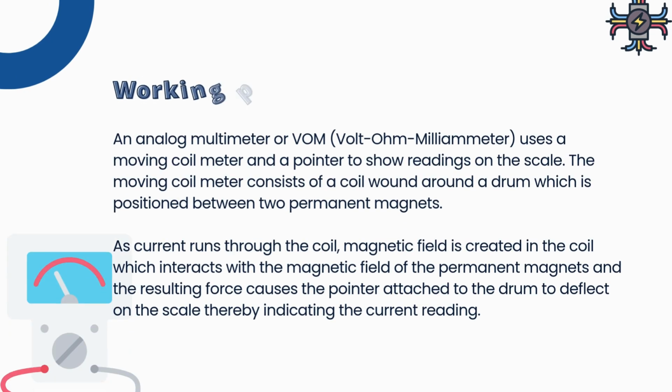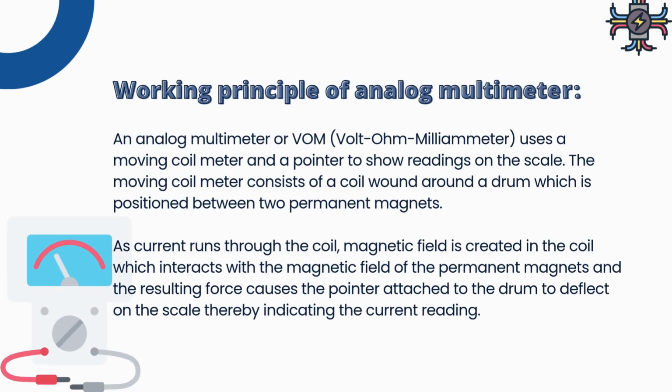Let us now discuss the working principle of the analog multimeter. An analog multimeter, abbreviated as VOM, which stands for volt ohm milliammeter, uses a moving coil meter and a pointer to show readings on the scale. The moving coil meter consists of a coil wound around a drum which is positioned between 2 permanent magnets.